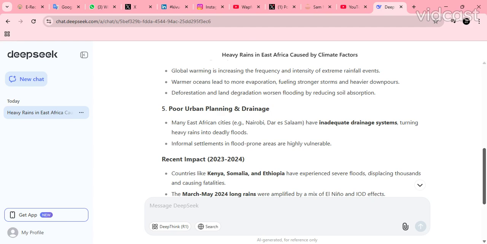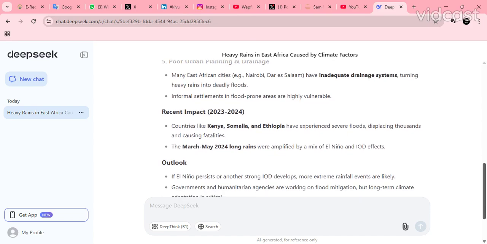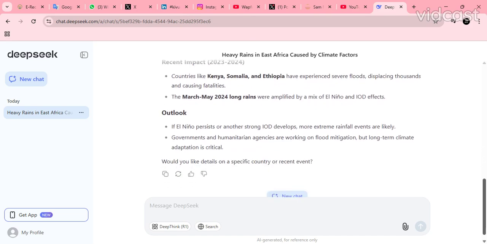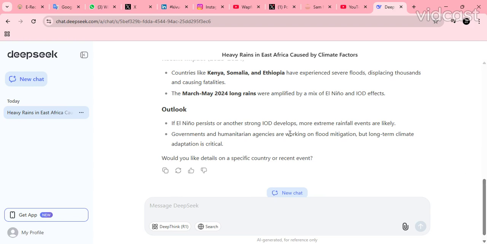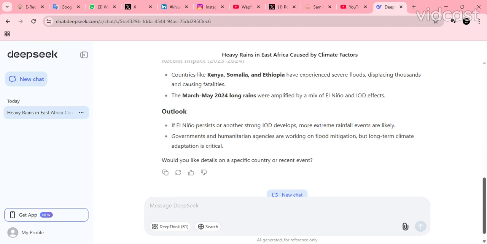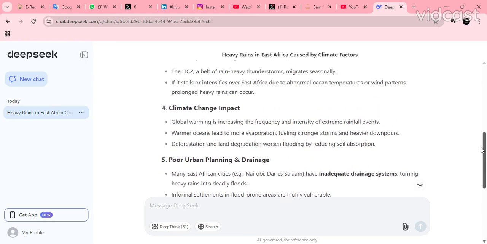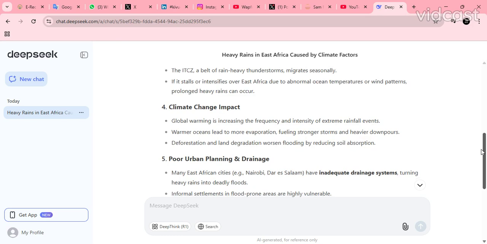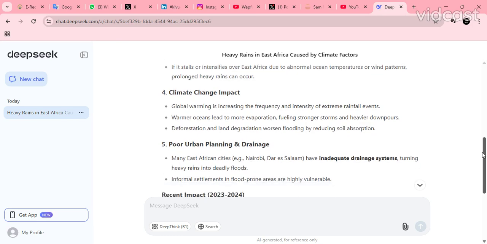So let's talk about recent impacts, as the report says. Countries like Kenya, Somalia, Ethiopia, May 2024. All of these are the causes and the factors of climate change which have led to this heavy rain and floods everywhere across cities, Kampala, Kinshasa, and Kigali today, though it has not been affected so much.